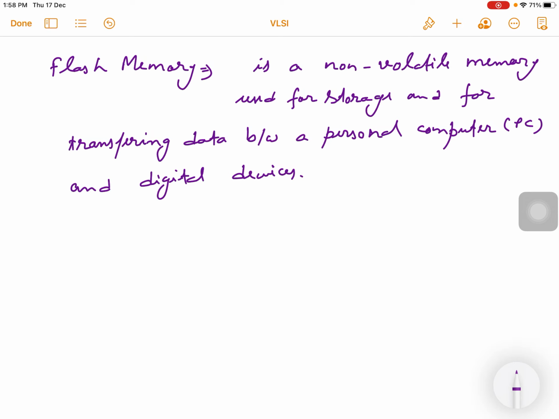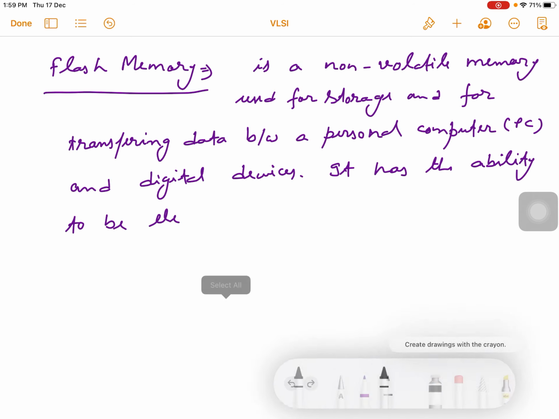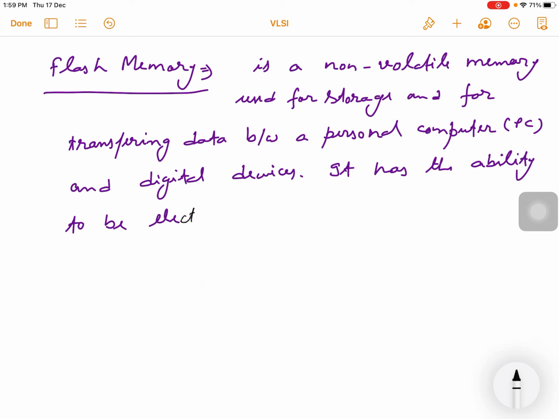Okay, where we can use this. Whenever we talk about the more important thing about flash memory, it has the ability to be electronically reprogrammed and erased.